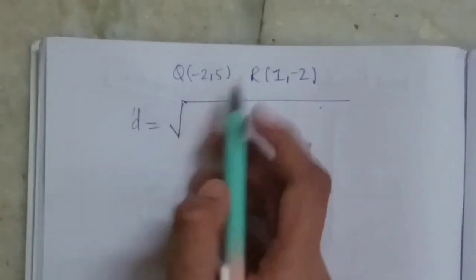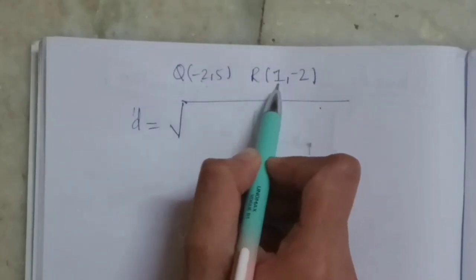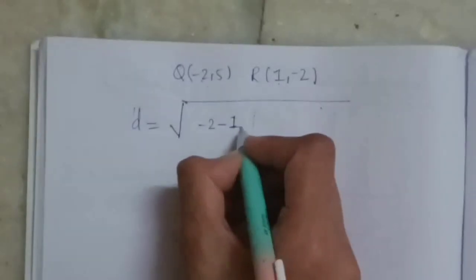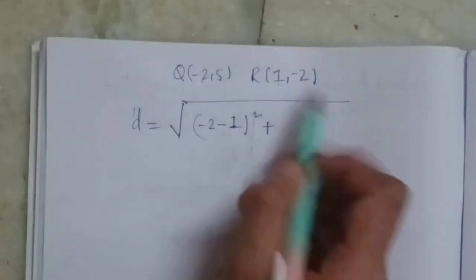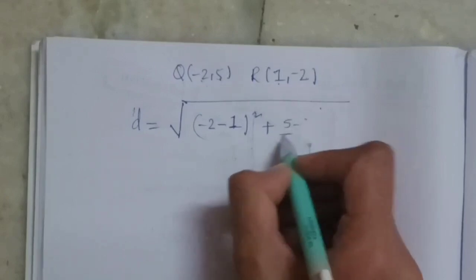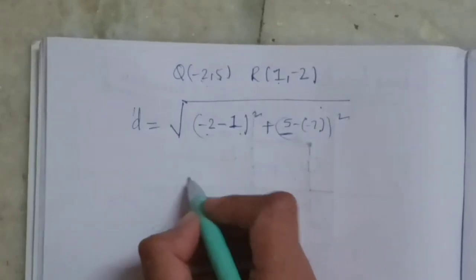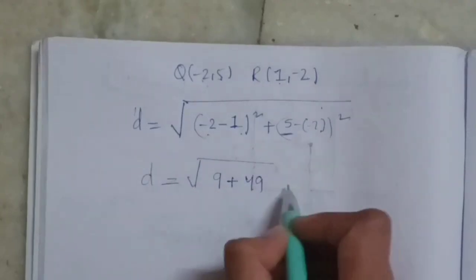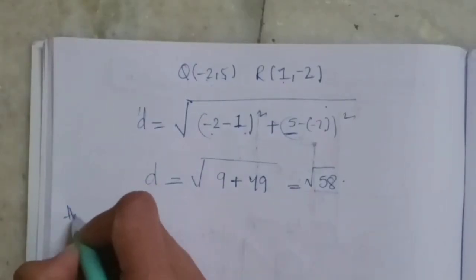Distance D is equals to the difference between the x coordinates, minus 2 minus 1 whole square, which is x1 minus x2 whole square, plus the difference between the y coordinates, 5 minus of minus 2, which is 7 square. So 3 square plus 7 square. What is 3 square? 9. What is 7 square? 49. Oh, it is same as the previous one, right? Under root 58.